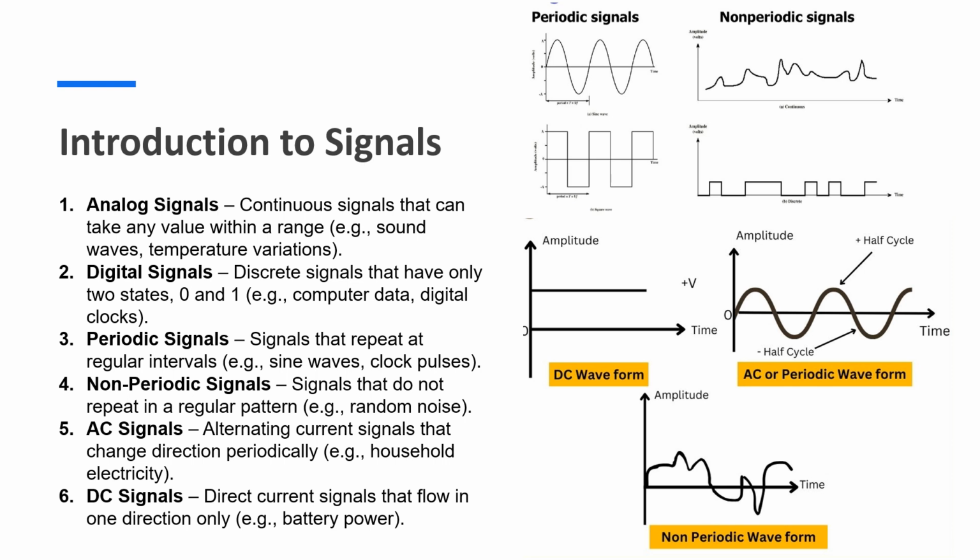The example is household electricity. The last one is the DC signal. DC signal is the direct current signal that flows in one direction only. So a good example of a DC signal is your battery power. All right.